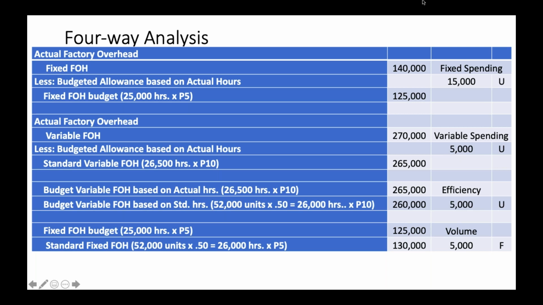Now how much is the total variance for this factory overhead? We have 15,000 unfavorable, 5,000 unfavorable, 5,000 unfavorable, that's already 25,000, less favorable of 5,000. So we have a total of 20,000 variance unfavorable for factory overhead.